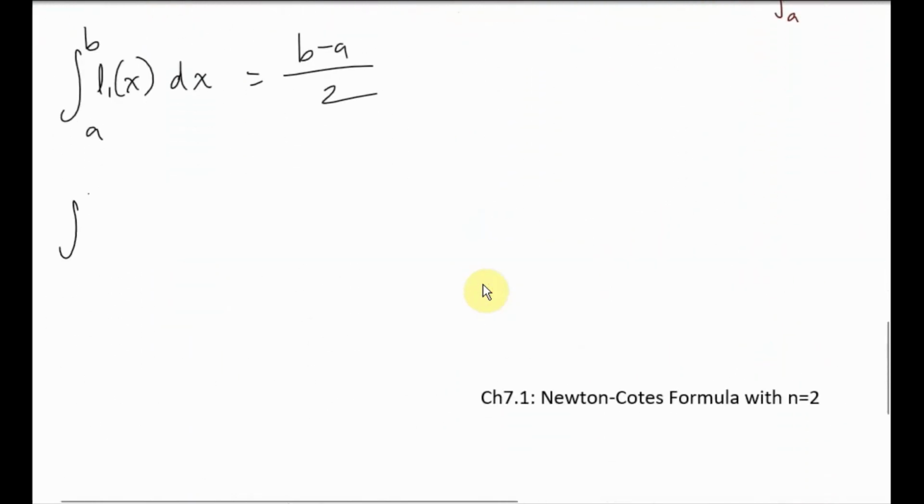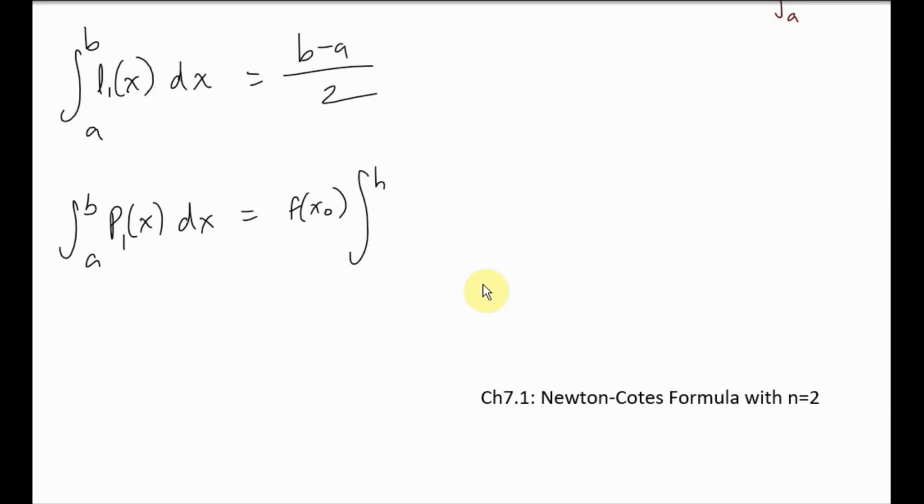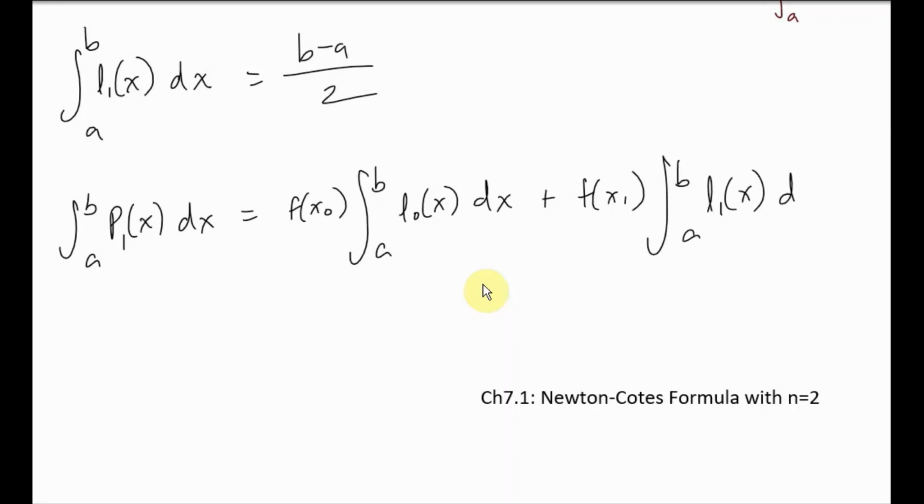We know that the integral of p1 of x is equal to f of x naught times the integral of L naught of x dx plus f of x1 times the integral of L1 of x dx, right?